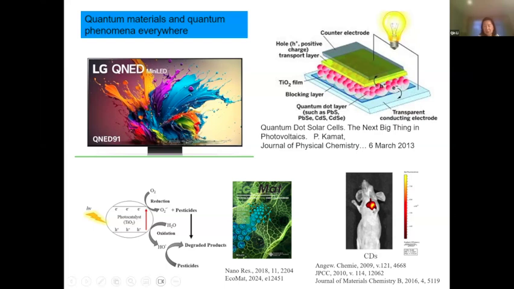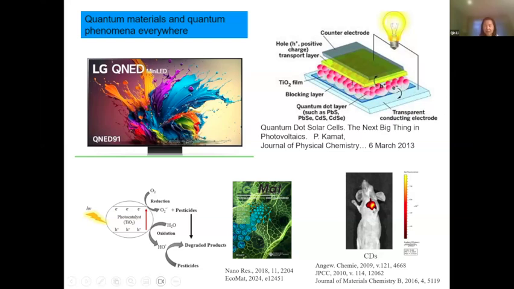And also with solar cells, we know the researchers in solar cells always compete for efficiency. And this quantum dot-based solar cell has been regarded as the next big thing in photovoltaics, because it can use all the energy that is wasted in conventional solar cells for productive electron production.